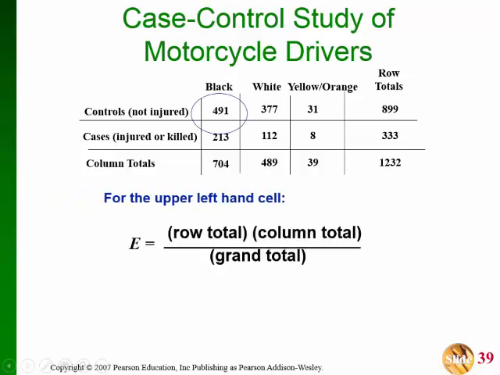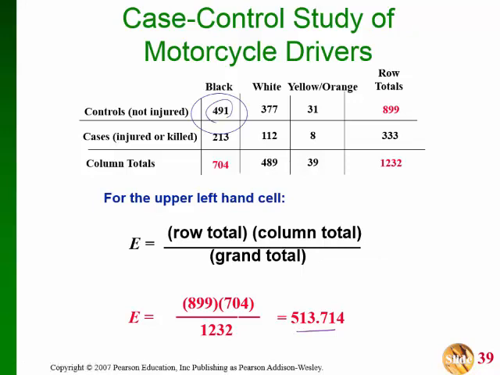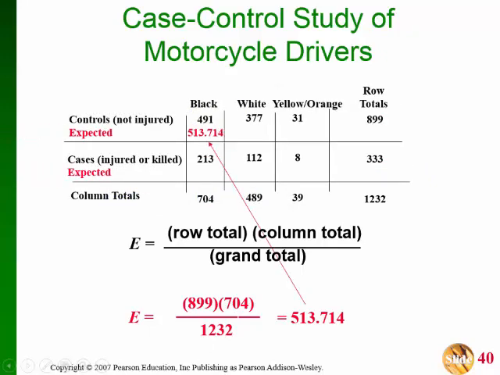And the way they would find the expected value for this first slot over here is they take the column total and the row total, and then they divide by the grand total, and then the expected value would be 513.714. So you do that for every single one.